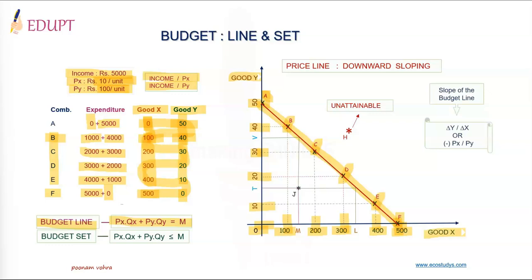There may be a situation when the consumer does not spend the entire income on two goods.